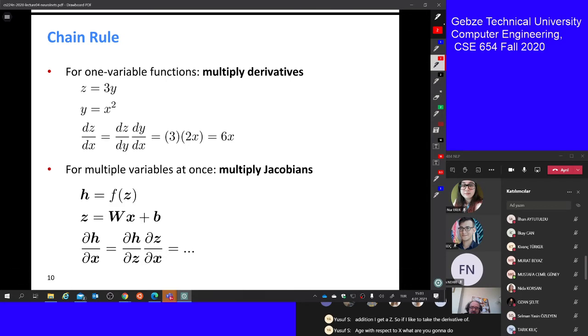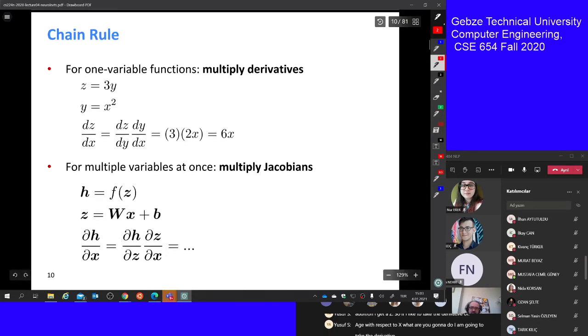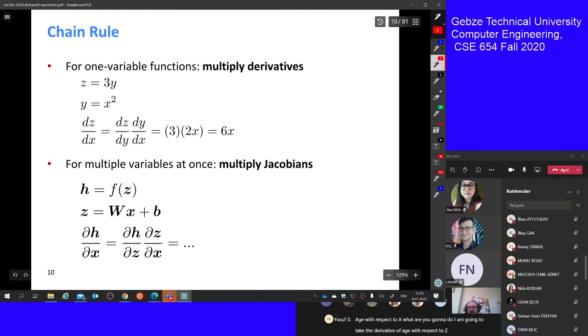I am going to take the derivative of h with respect to z, then the derivative of z with respect to x. Okay. So what is this? This is f prime z times w. W is the derivative of z with respect to x.